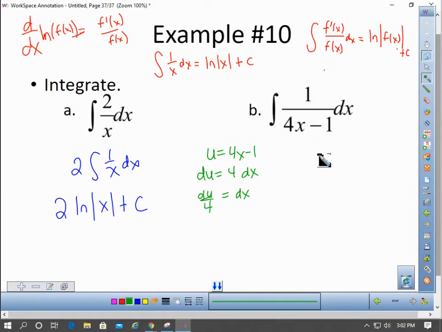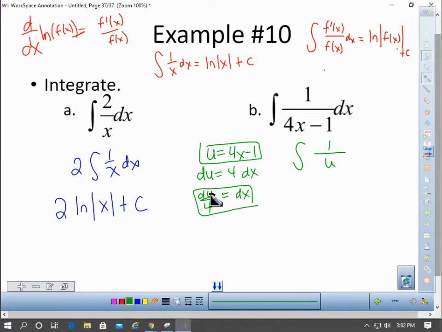So now I'm going to come over here and trade out. This is going to be 1 divided by, in place of 4x minus 1, a u, and in place of the dx, du over 4. Remember, I always had you put them in order. We put our fraction first, which is 1/4, and then our function, which I'll leave as 1 over u because now we know how to integrate that, and then my bookend du.